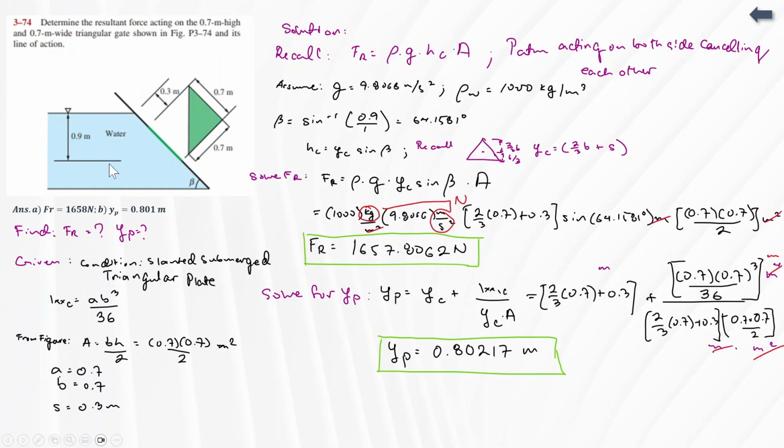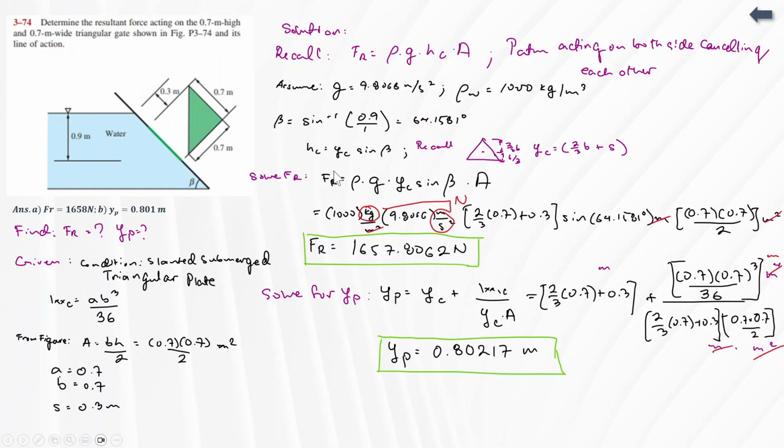Here's the triangle we're going to draw, and that's going to be 64.1581 degrees. Since it's slanted, your hc is not straightforward, as hc is not equal to yc. Because your hc here, remember, is the distance between the centroid and the surface line.